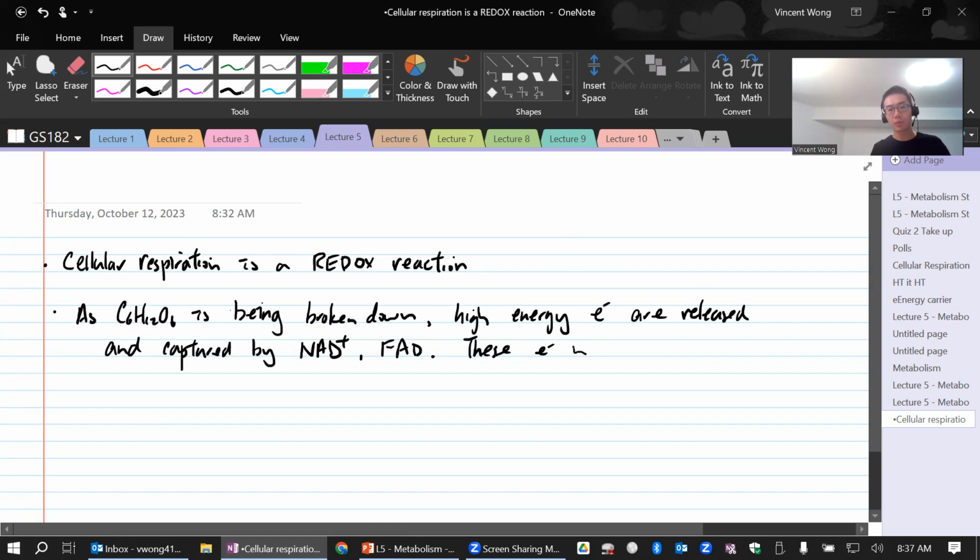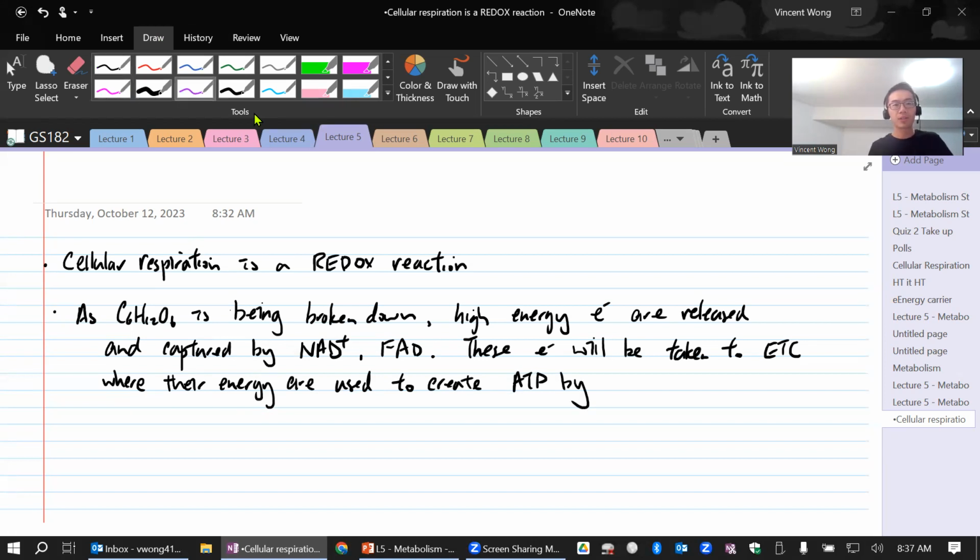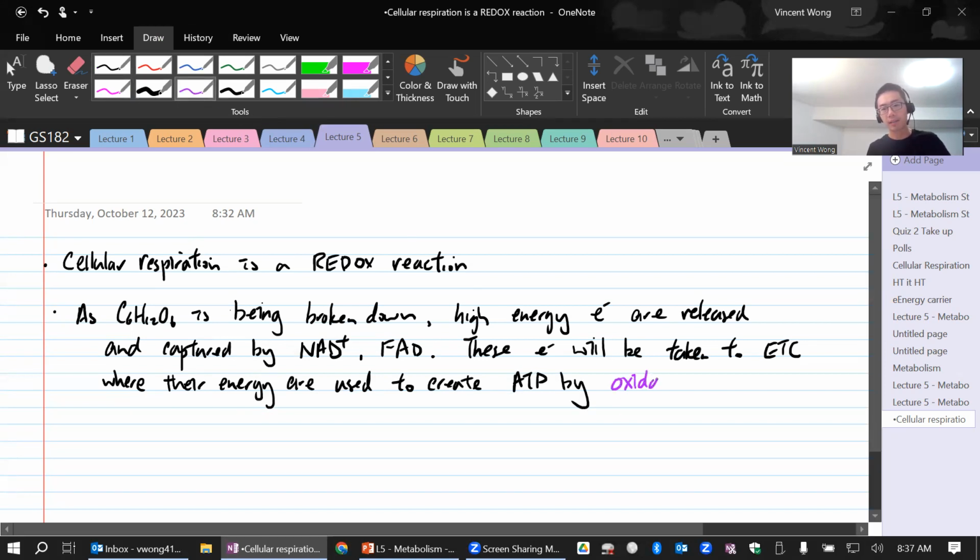These electrons will be taken to the ETC, the electron transport chain, where their energy is used to create ATP by the method called oxidative phosphorylation.